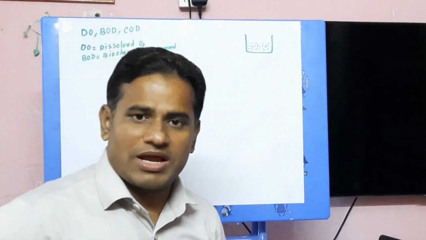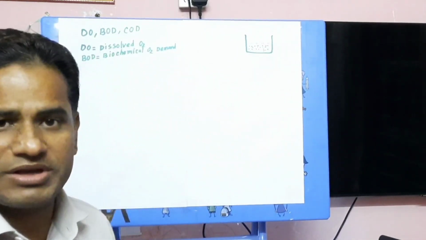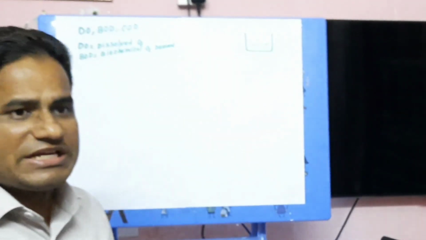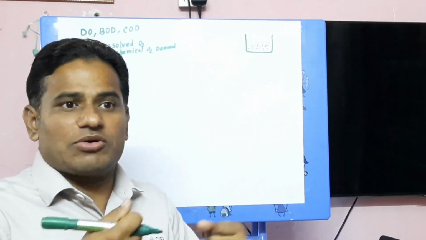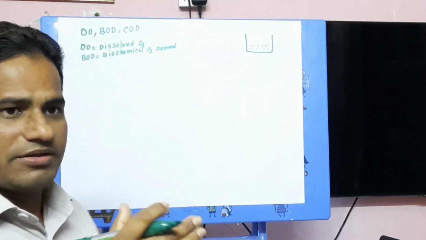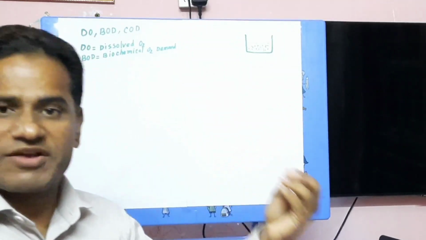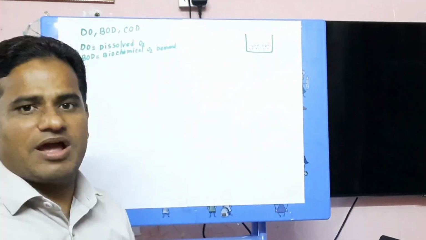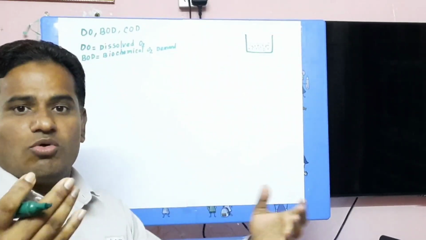If in the water dissolved oxygen is less than the carbonic content or organic compound, what will happen? For eating carbonic content, these bacteria will not get oxygen. Without oxygen, they will be weak. These bacteria will not take carbonic content, will not take food. So after the dissolved oxygen in the water is finished, these bacteria require more oxygen.